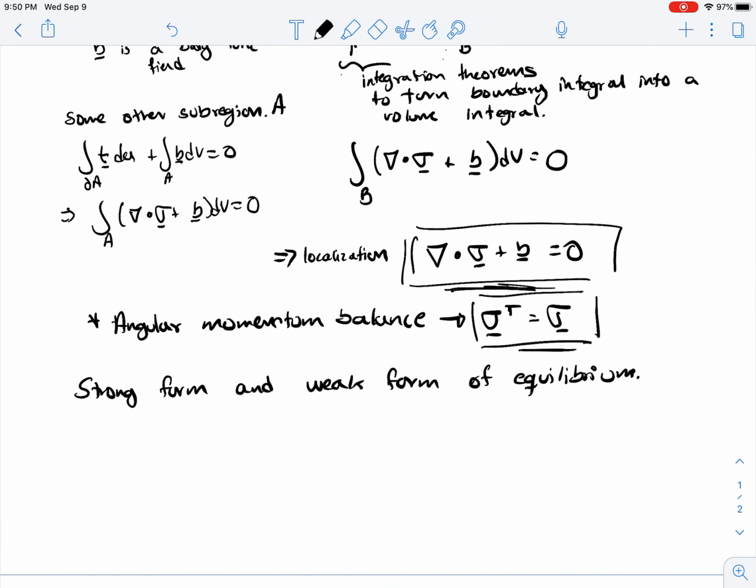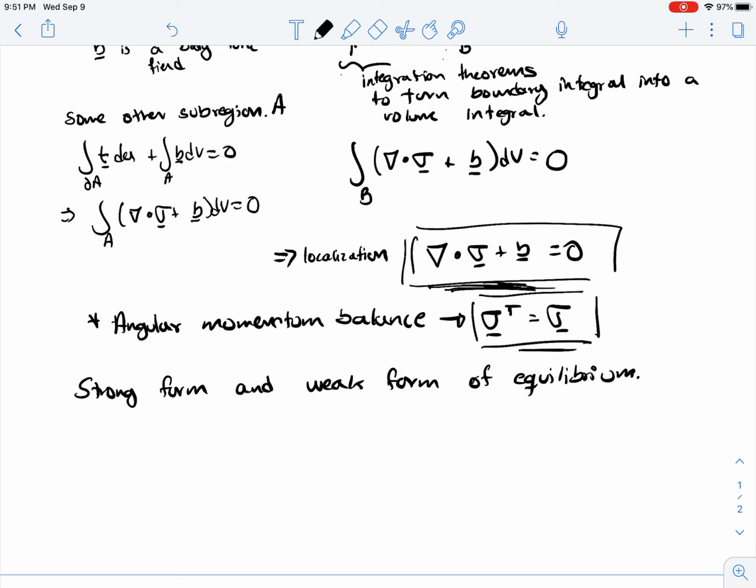But typically you don't solve that, because this requires second order derivatives. You have the divergence of sigma, and sigma is related to the strains, so it is a function of the first derivatives of the displacements. So you end up with second derivatives, and that's not easy to work with.